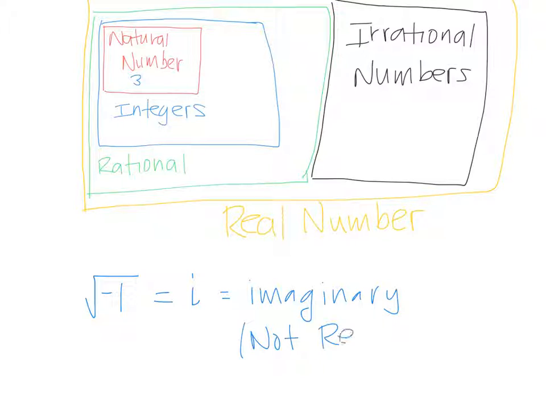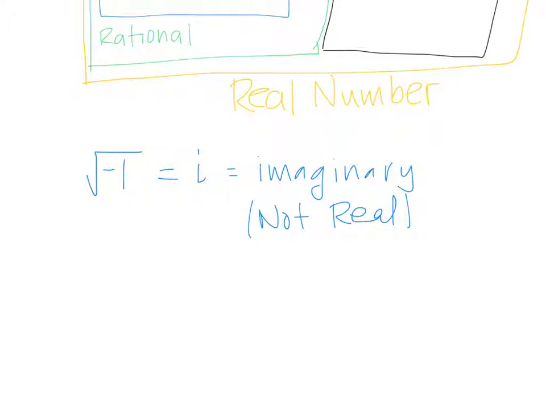So any even radical of a negative number is going to be imaginary. So any number with i, such as 3i, square root 2 i, negative 5i, all those are not real, but they are imaginary.